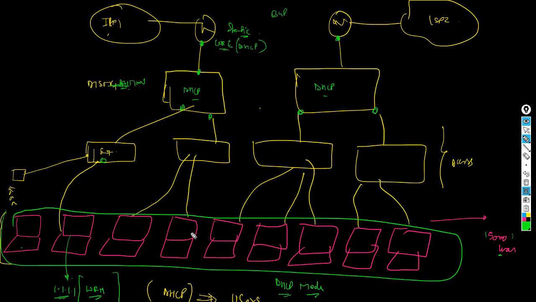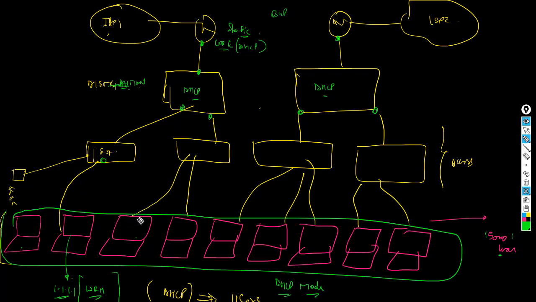I just cannot go to their laptops and configure an IP address for them. It's not very feasible in the network. I want something to be automated. So as soon as they come with their laptop and connect to the network, there will be some packets originating from the backend.